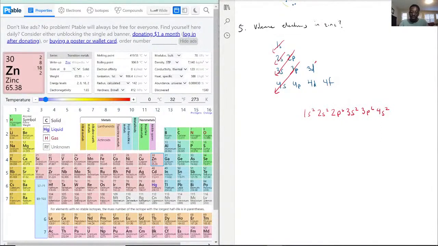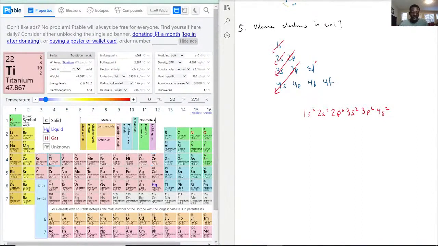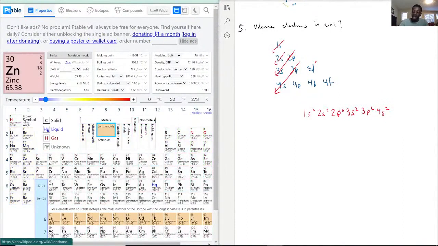Instead of saying 4d, this subshell on the 4th row starts with whatever row you have minus 1, so it would be 3d. In a sense, think of it as being in the orbital prior. From scandium all the way to zinc, if you count, that's 10. So that's 3d10.